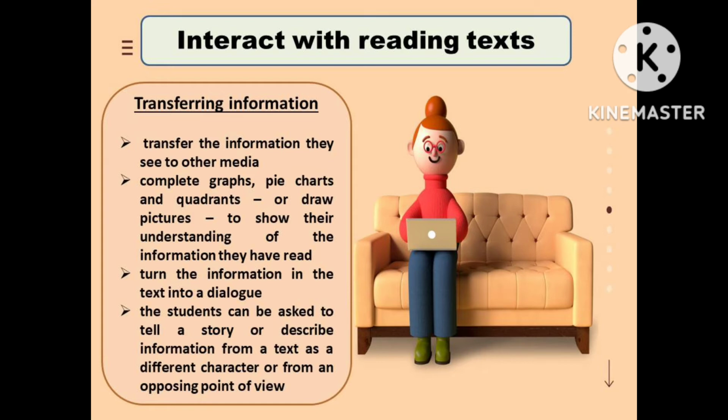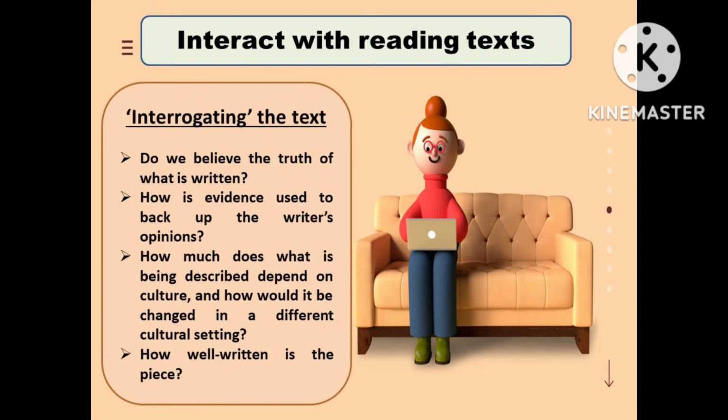The students can be asked to tell a story or describe information from a text as a different character or from an opposing point of view. So all of these techniques require the students to pay close attention to the text so that they can transfer the information appropriately. Another way to interact with reading text is interrogating the text.